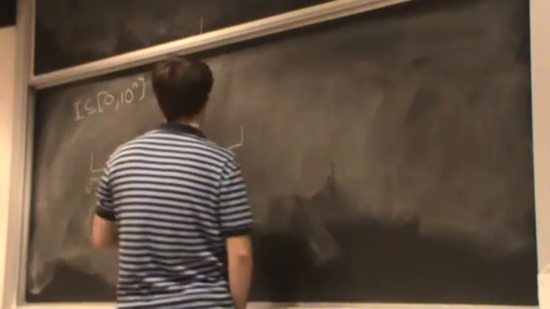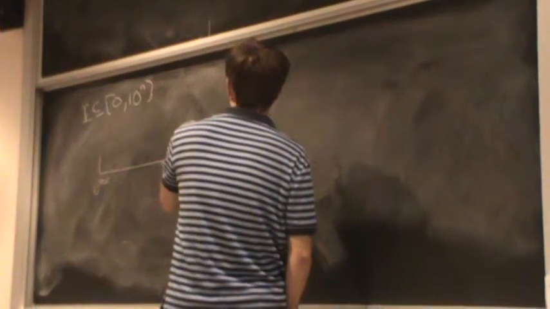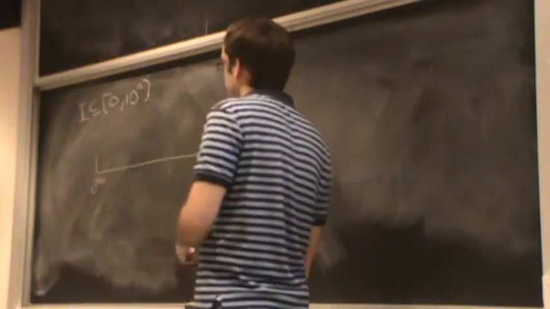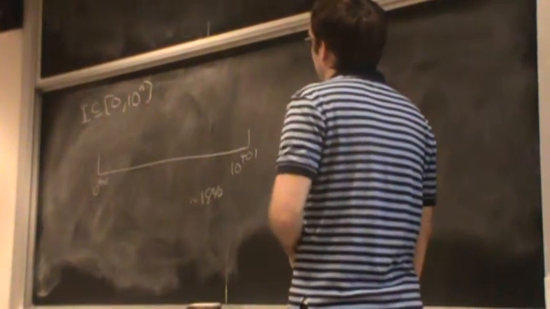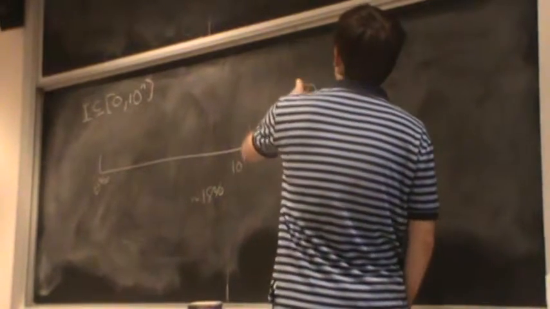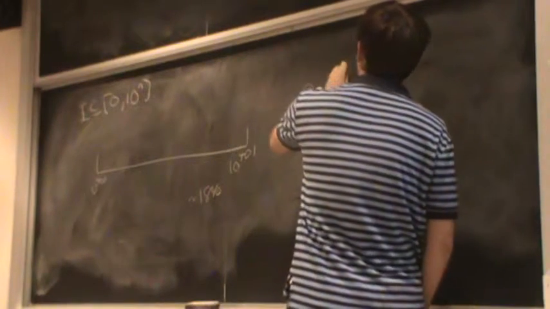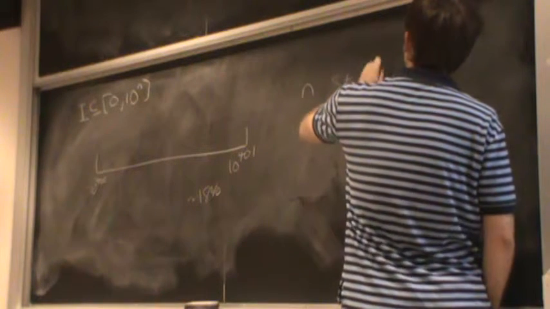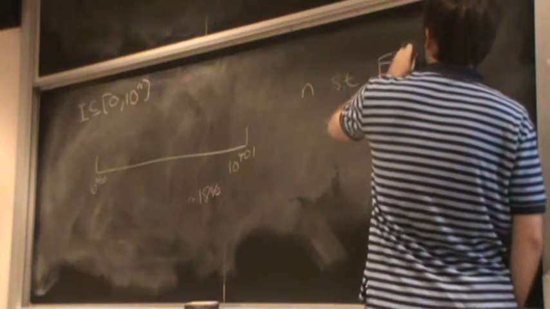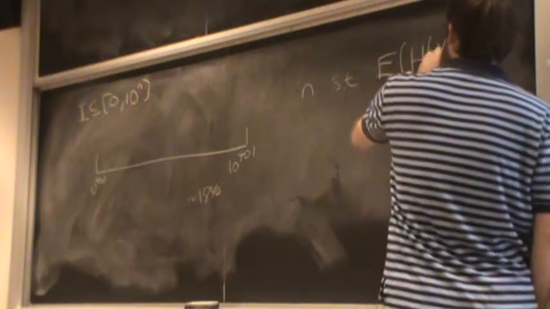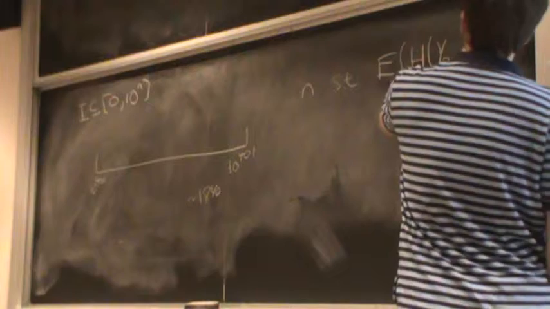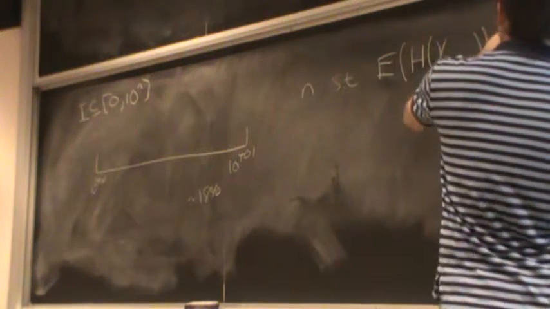Remember, we had from 10 to the 400 to 10 to the 401. We had about 18% density in this interval. What I'm going to do is choose n such that the expected value of h of y sub 3n over 4 lands in this interval, approximately 10 to the 400.